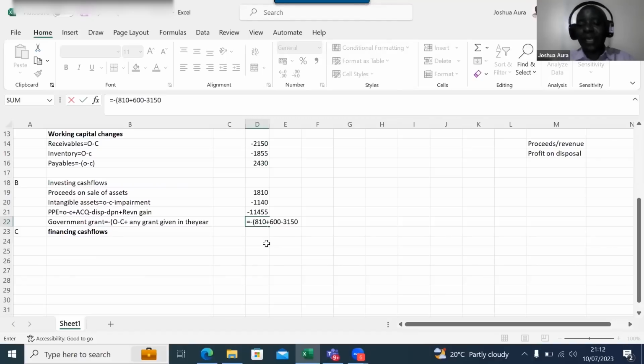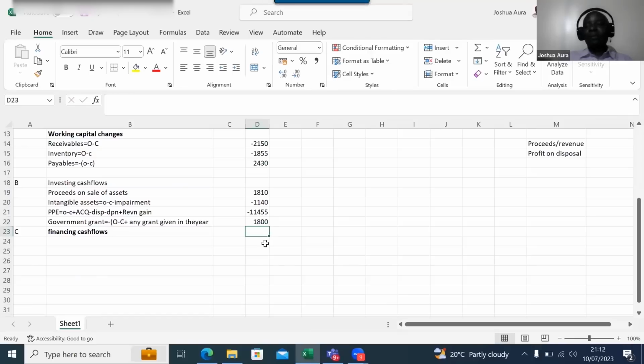I can even put the other one as minus 810. I'm subtracting both closing balances to avoid errors. And then I say plus 750, and close brackets like that. Then I should be able to say enter.